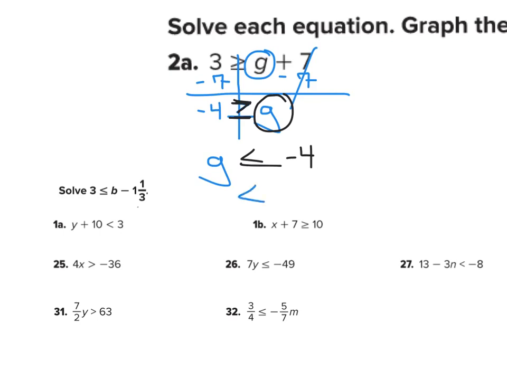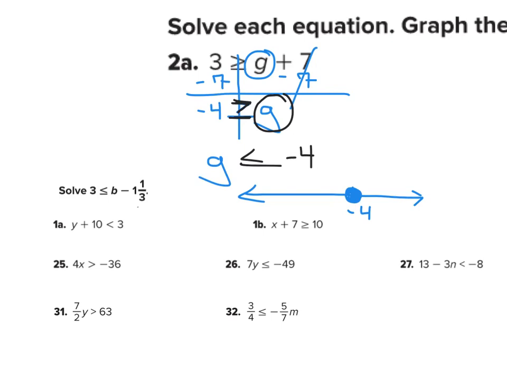On my number line, which I didn't give you, we're just going to draw one. This is negative 4. Everything above is larger; everything to the left is smaller. We have a less than or equal to sign, so I'm going to shade negative 4 because my answer could include negative 4.